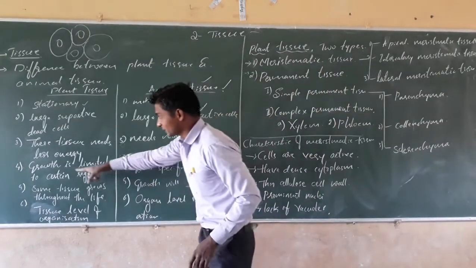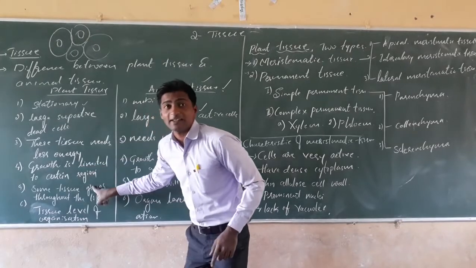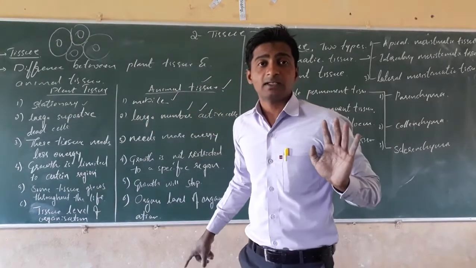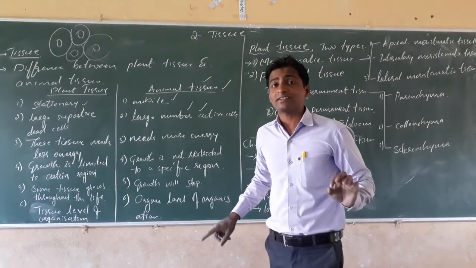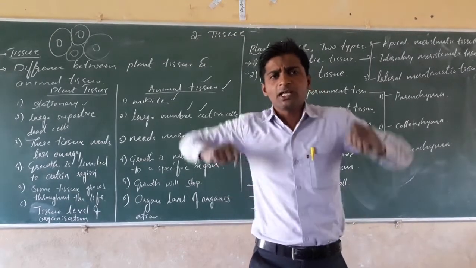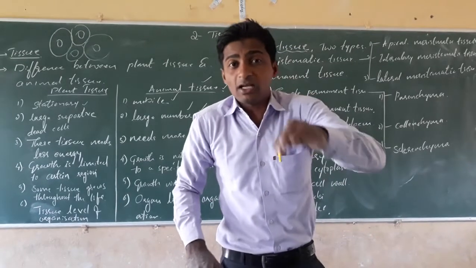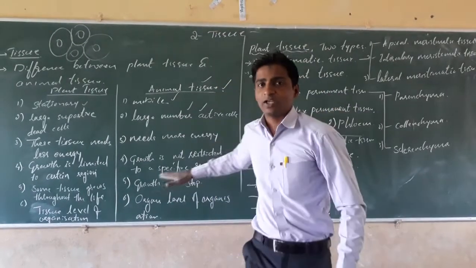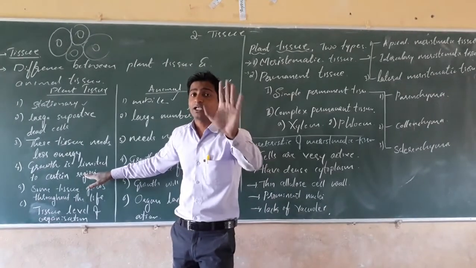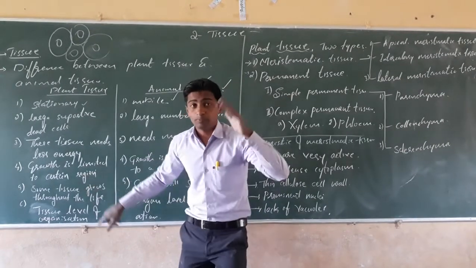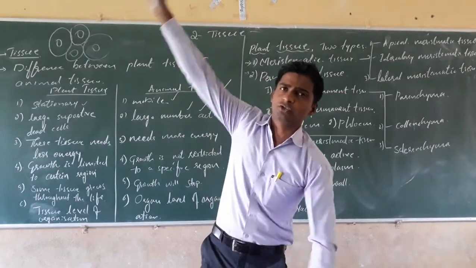That's why it is told that growth is limited in certain regions. The growth will be in certain regions. But here, the growth is not limited to certain regions. It means throughout the body the growth is going on, but at a particular age the growth will stop in case of animals. Here, the growth is restricted or limited in a particular region, but in some regions the growth occurs throughout the life.